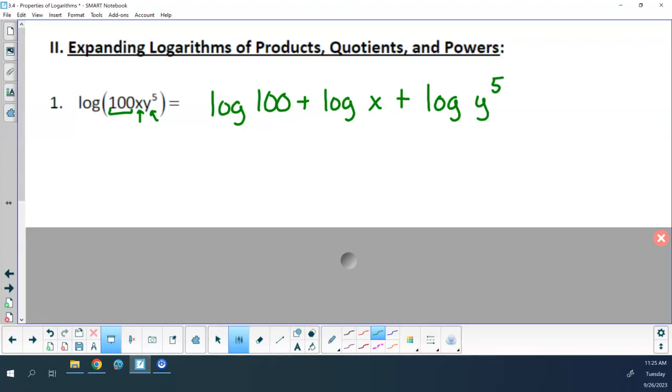Because those three things were being multiplied together in my argument, I can expand them out. Now I can say to myself, log of 100: what exponent can I put on 10 to get me 100? 2. So this one here just becomes 2.